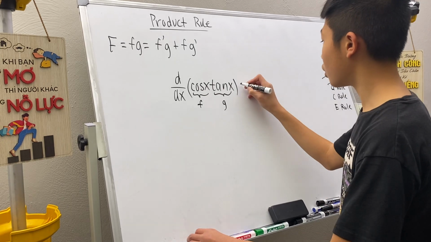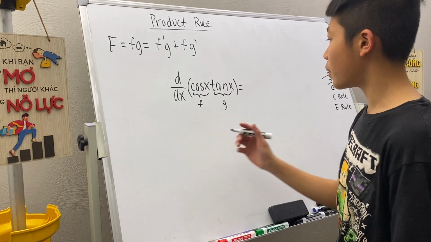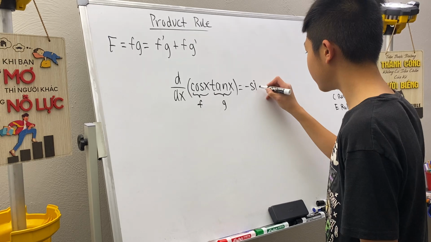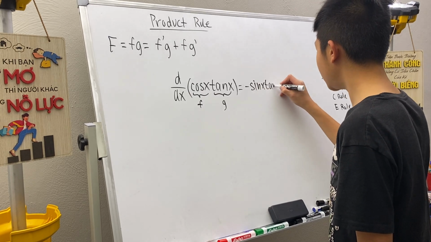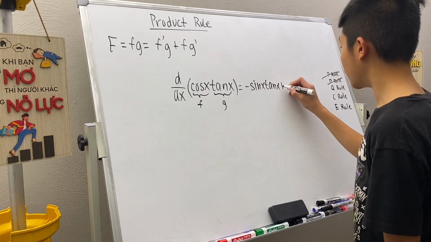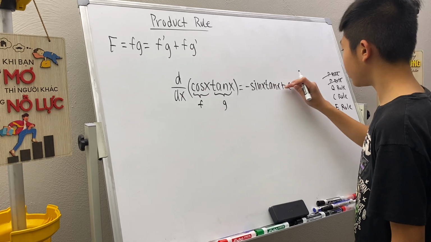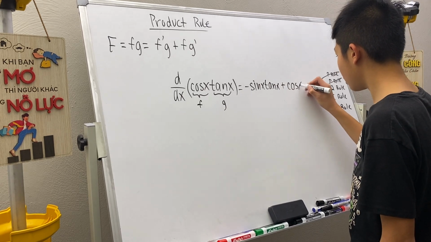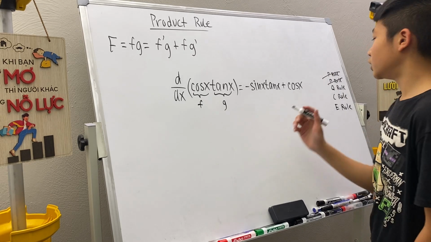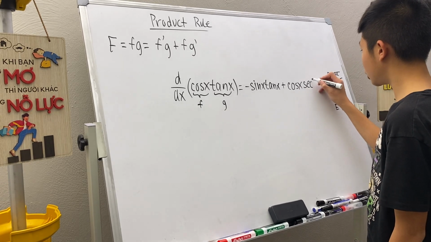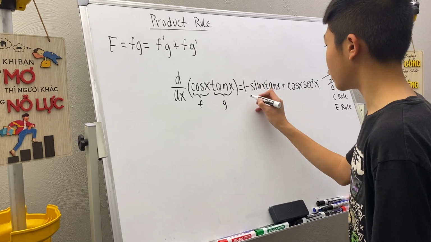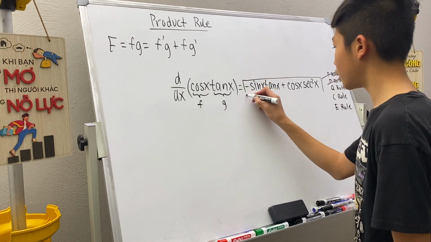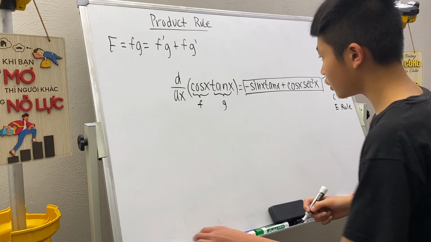This part of the rule is equal to f prime, which is negative sine x, times g plus f times g prime, which is secant square x. So right here is the final answer.